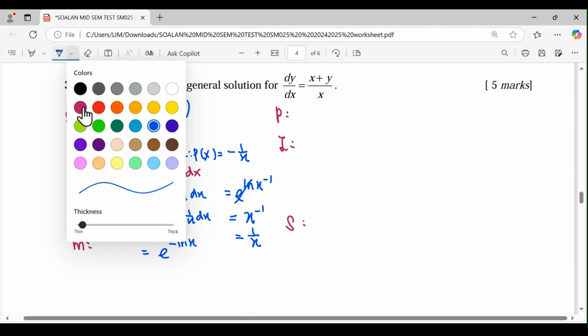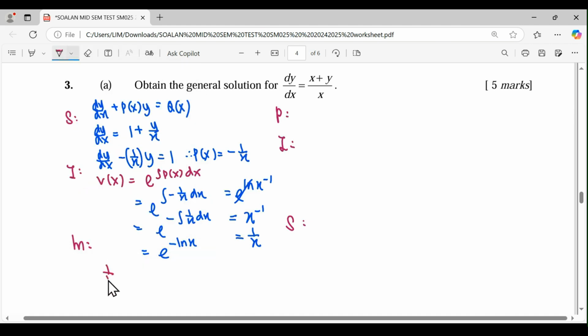Then the third step here, multiply your integrating factor back to your standard form equation here. So 1 over x dy/dx minus 1 over x times 1 over x times y, and right hand side is 1 over x.